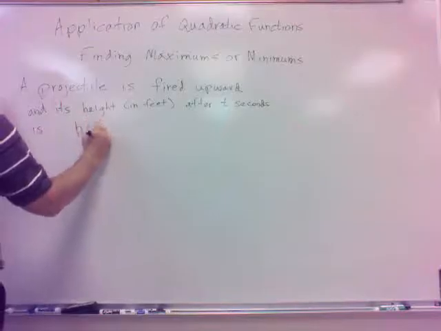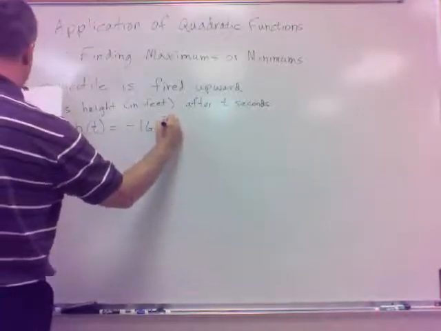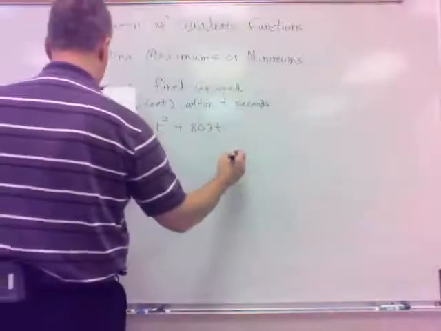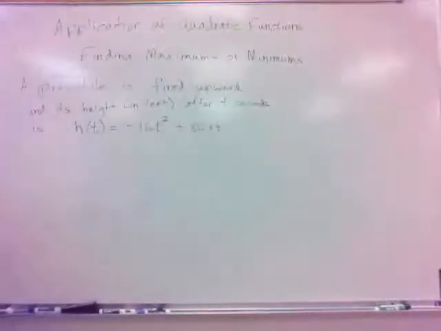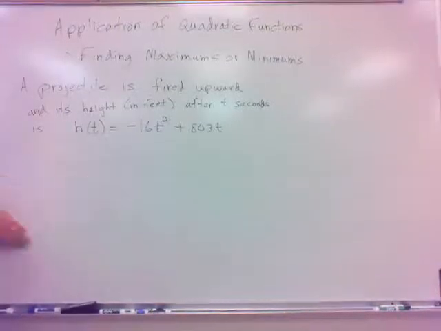H of t equals negative 16t squared plus 803t. That's it. Negative 16t squared plus 803t. All right, so just a little bit about the function here.